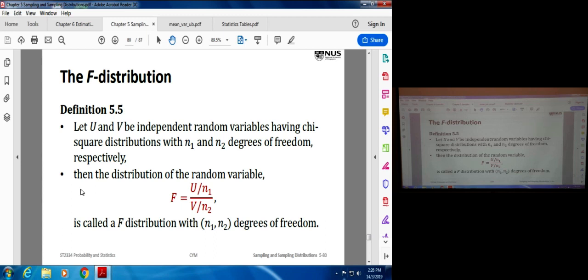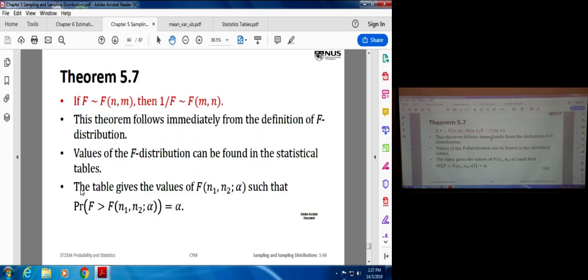By definition, the ratio of V over M to U over N, where U is a chi-squared on N degrees of freedom and independent V is a chi-squared on M degrees of freedom, gives me precisely that 1 over F is an F distribution on M and N degrees of freedom respectively. So that's why this theorem is true. There's not really anything to prove there.